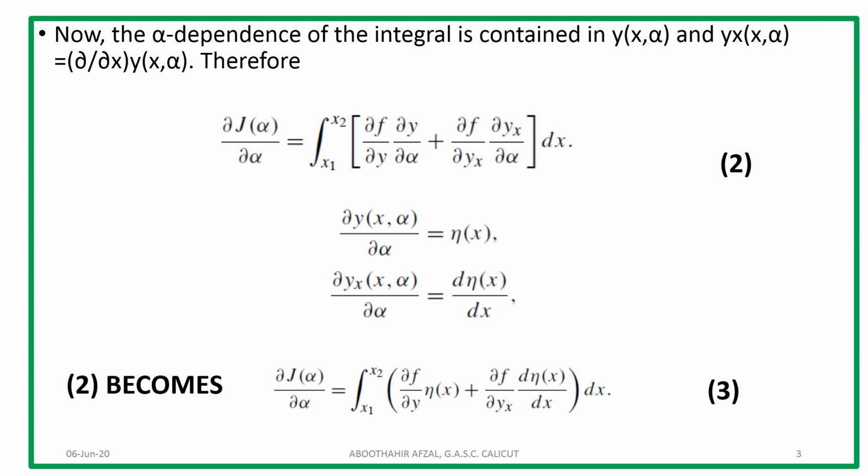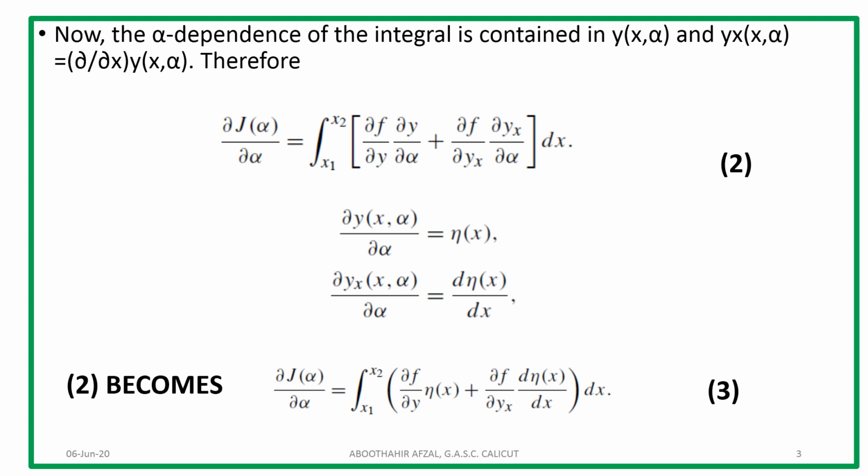In the second term, we have to write the dependence of f on y_x and y_x on alpha. So the second term will be dou f by dou y_x into dou y_x by dou alpha, the whole into dx. We have studied in mathematical classes how to write a first derivative using partial derivatives.